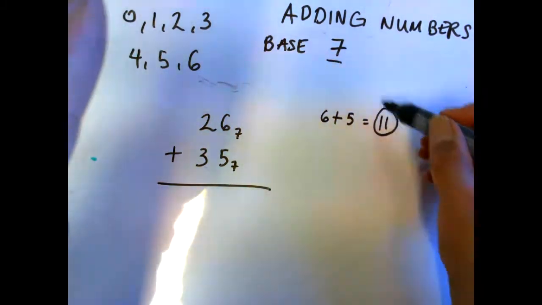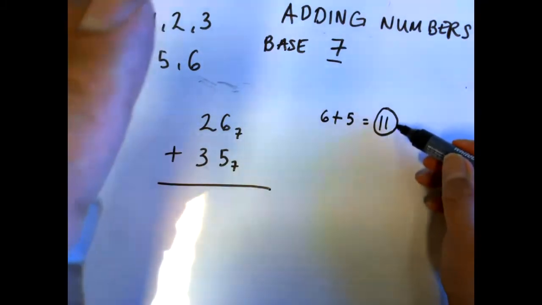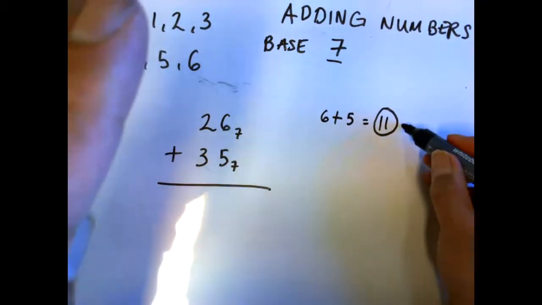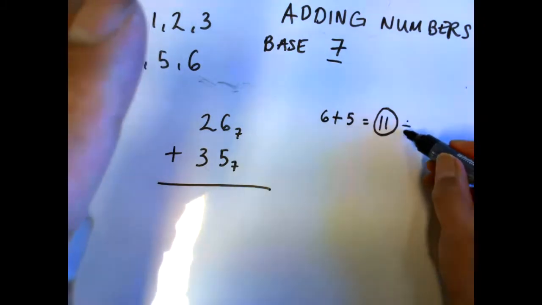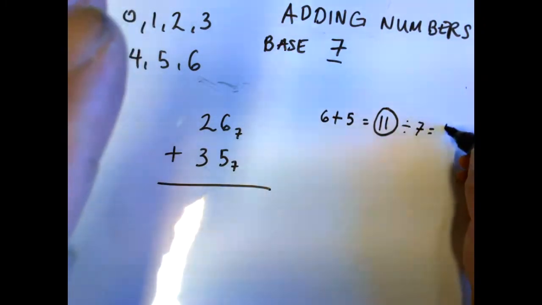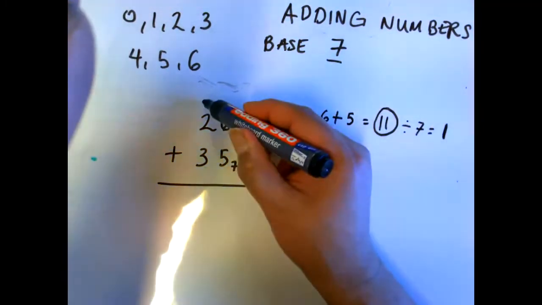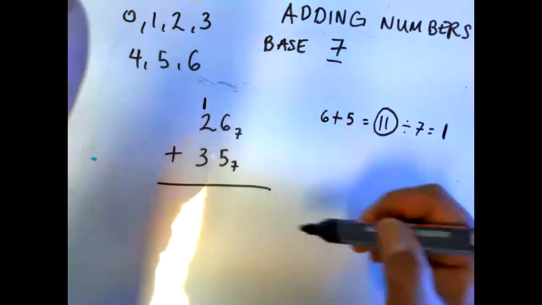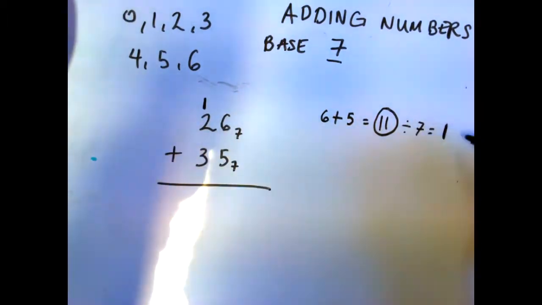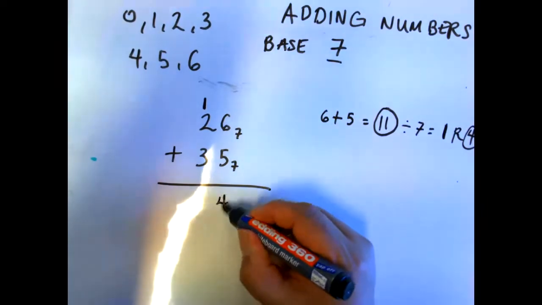So how we do this is essentially we ask how many 7s are there in 11. You have to say 1, right? So that 1 is written here, we carry it over. Now, what's the remainder? The remainder is 4, and the remainder 4 is what you put in here.